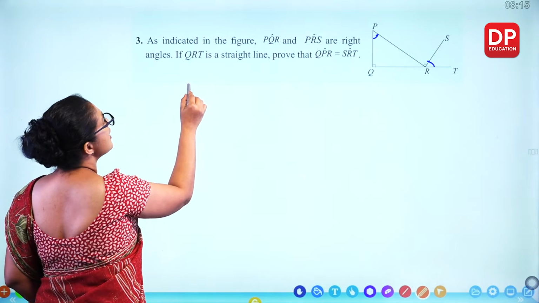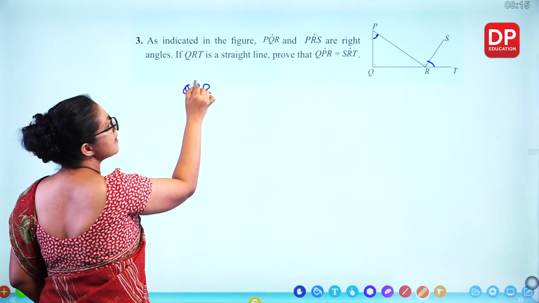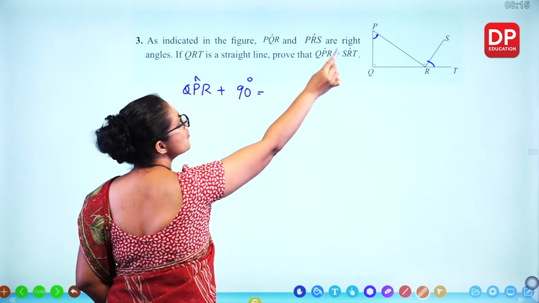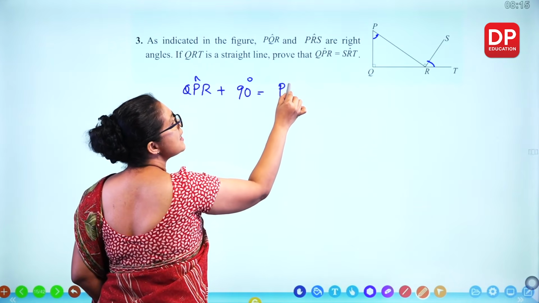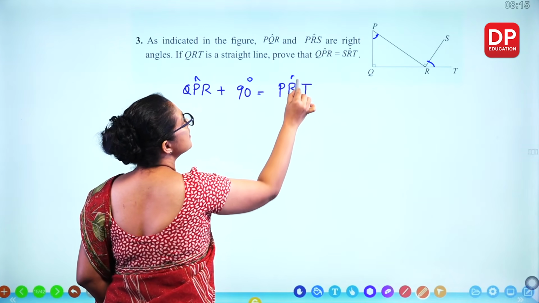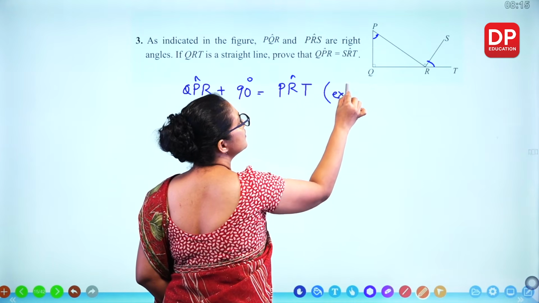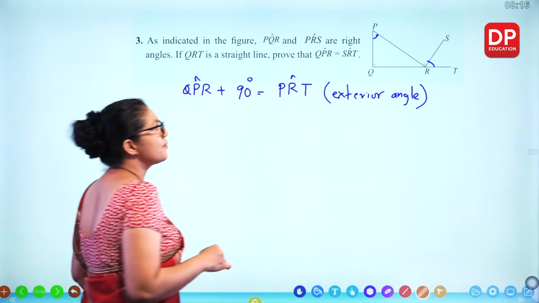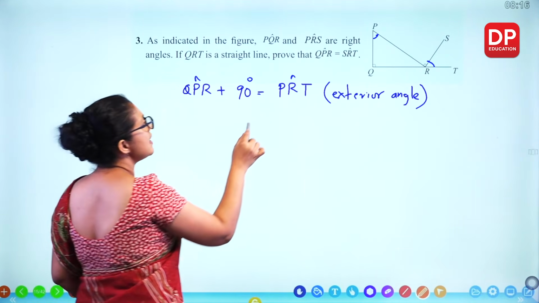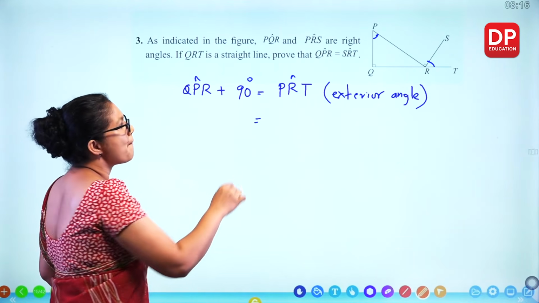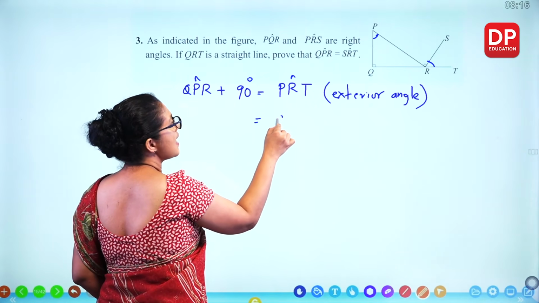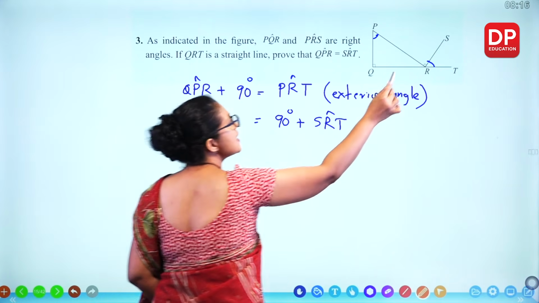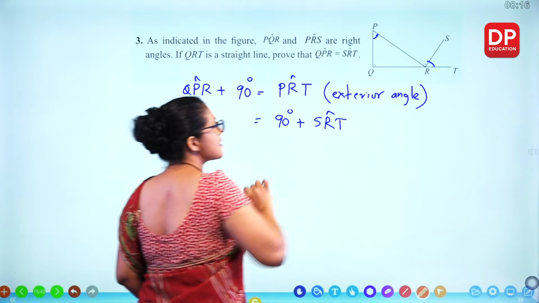I can write QPR angle plus 90 degrees, these two, is equal to PRT angle. That's the exterior angle. Then PRT I can write as PRS, that is 90 degrees plus SRT angle. I can split this angle to this plus this.